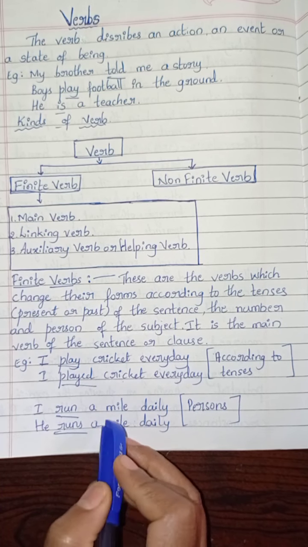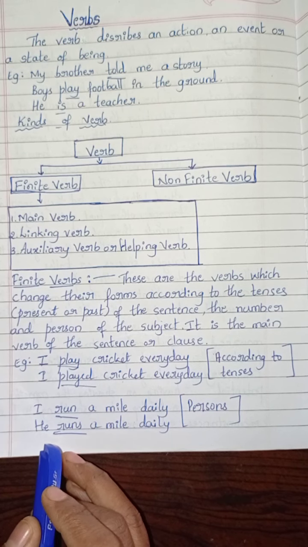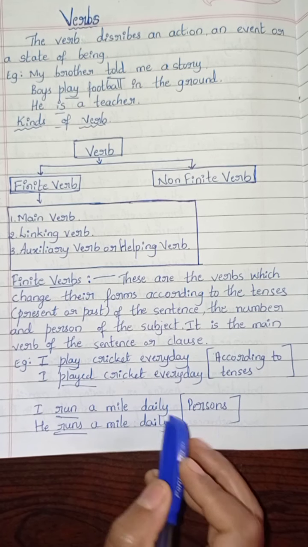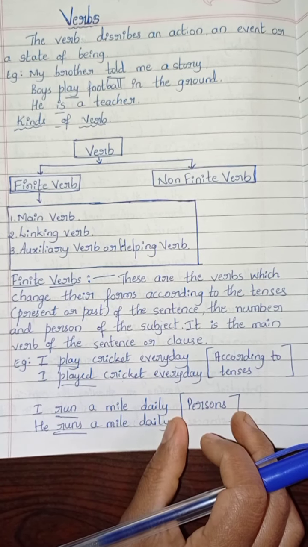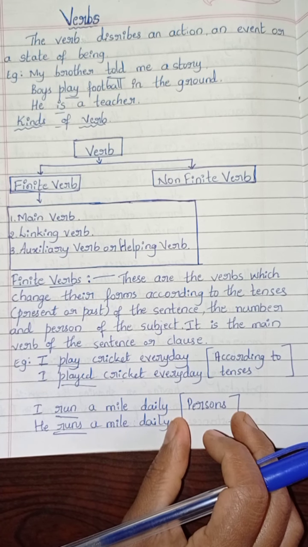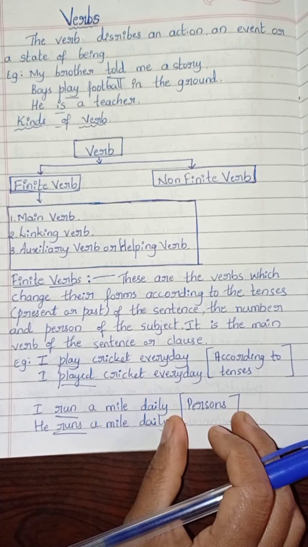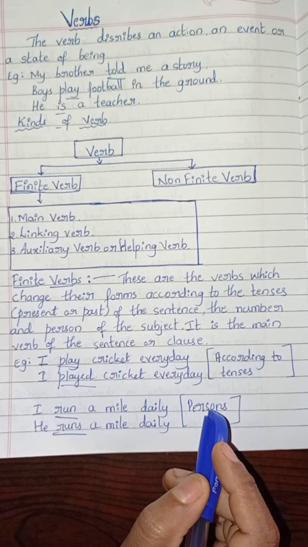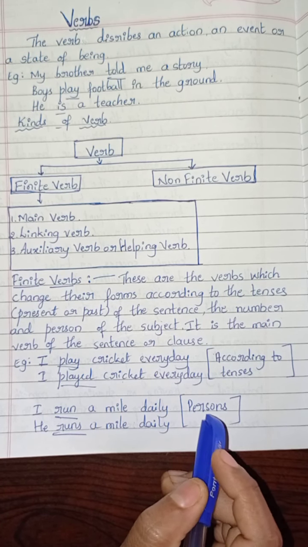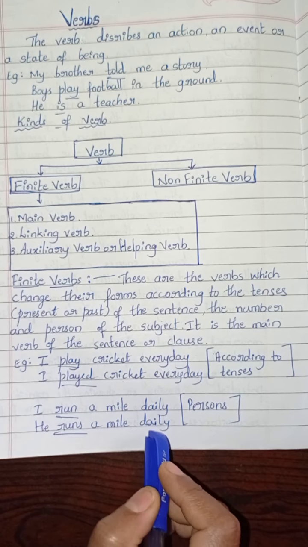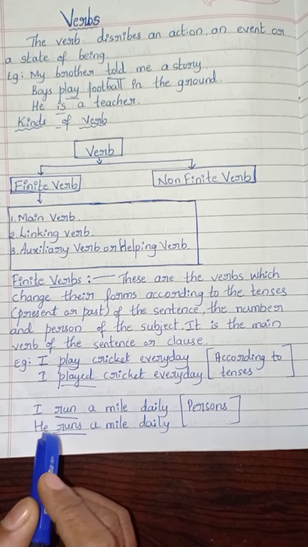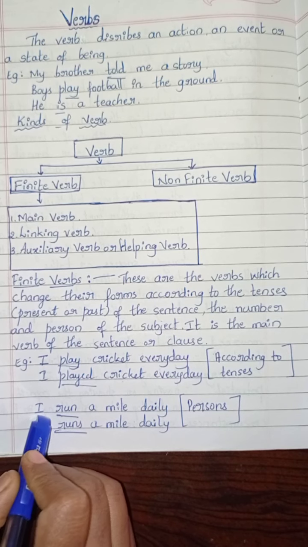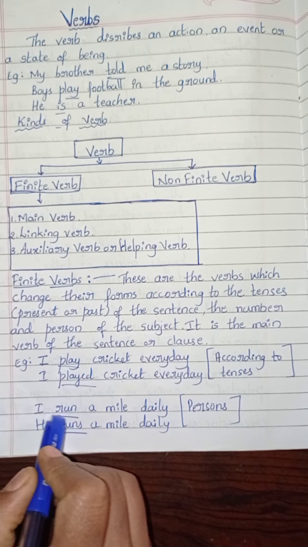I run a mile daily. I run a mile daily, according to the persons. Verbs are changing according to the persons, as we have learnt in subject and verb agreement, students. Can you remember? He runs a mile daily. See, students, if it is first person singular, then we should not change the verb.